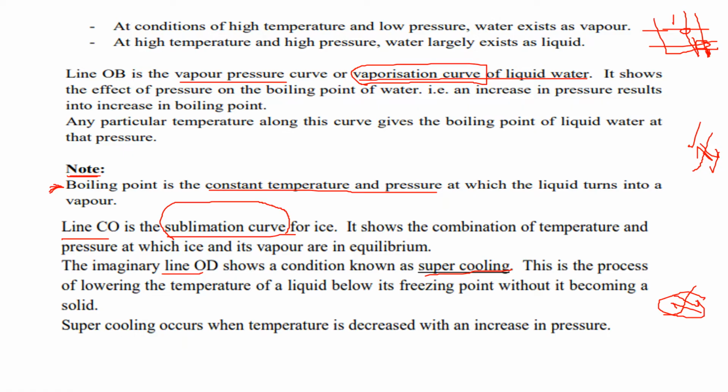So we are saying that supercooling is the process of lowering temperature of a liquid below its freezing point without becoming a solid, but that is not so important at this level. You just need to understand it. So supercooling occurs when temperature is decreased with an increase in pressure.